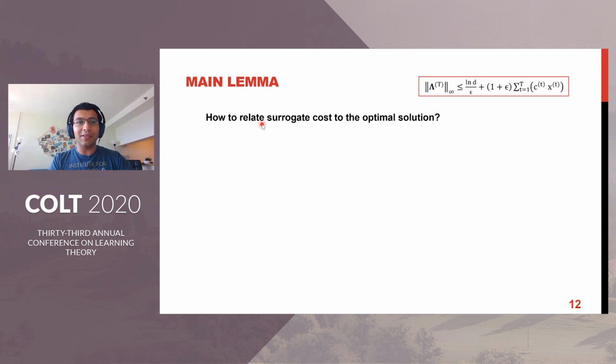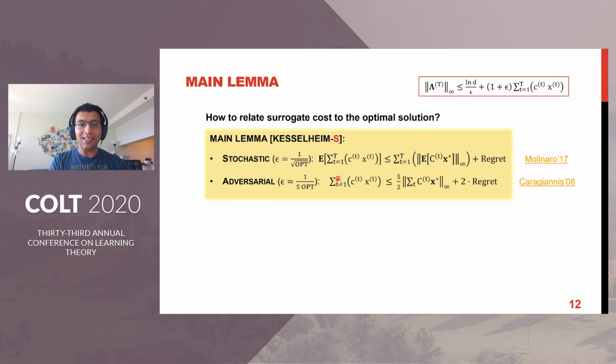Our main technical lemma is that we are able to relate this surrogate cost to the actual opt. From the last slide, we basically know that we need to bound the summation CTXT. Our main technical lemma is that, in both the stochastic as well as the adversarial case, we can bound this summation CTXT by some kind of opt plus some regret terms.